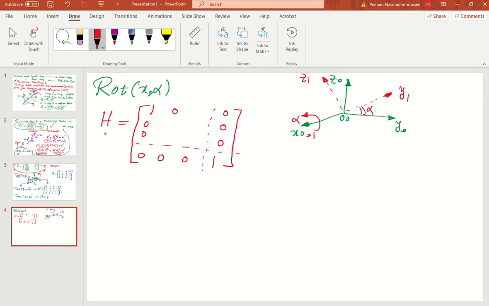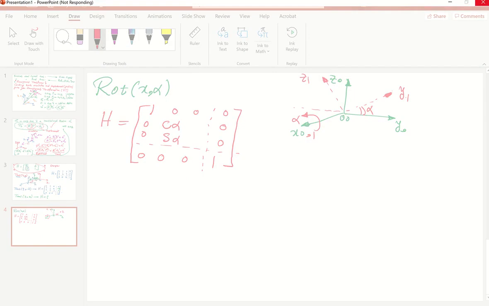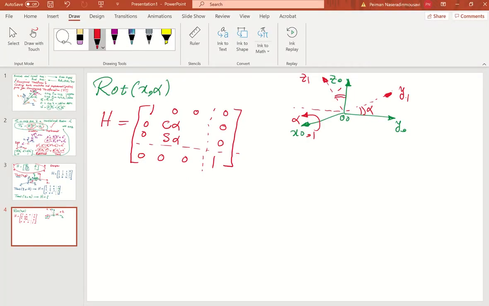So y1 with respect to y0 is going to be cosine alpha. y1 with respect to z0 is going to be sine alpha. So z1 with respect to x0, because they are perpendicular, is going to be 0 again. z1 with respect to y0 is going to be on the negative side. Here is also alpha, so it's going to be minus sine alpha. z1 with respect to z0 is going to be cosine alpha. So you find the homogeneous transformation for rotation around axis x for the angle of alpha.